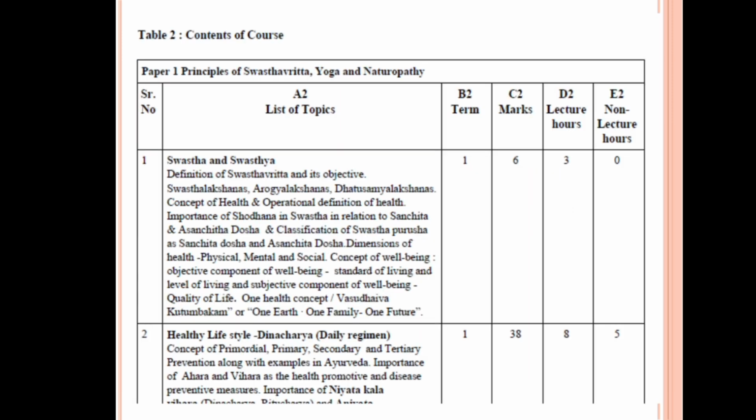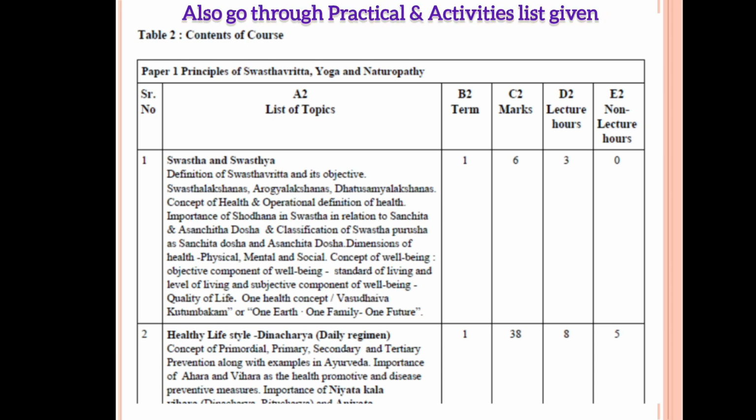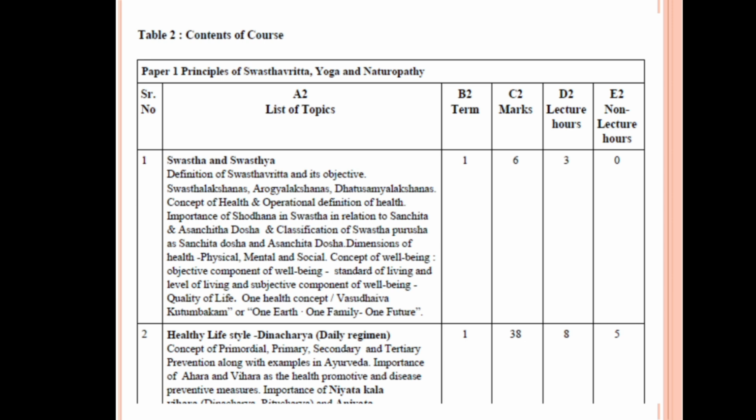So this is what you see when you open your syllabus. Serial number, list of topics, term in which it is taught, marks allotted for that particular topic, lecture hours and non-lecture hours allotted for that particular topic.